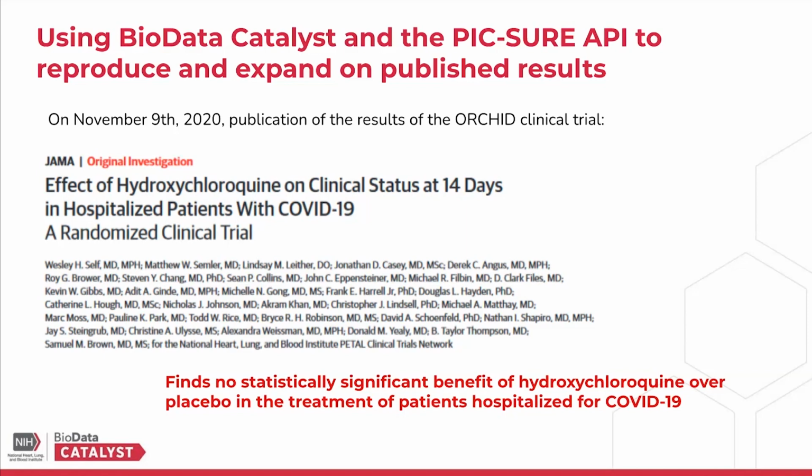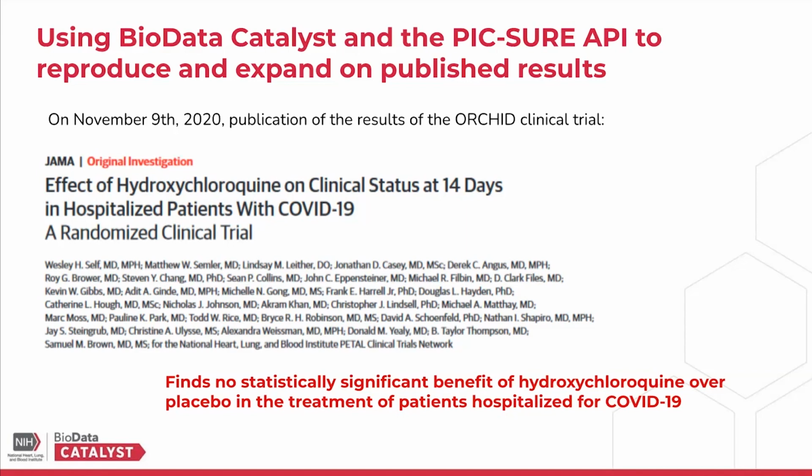And also we have to notice that results were published in November 2020, which was relatively early in the pandemic. It started to take over the world around February, March 2020.